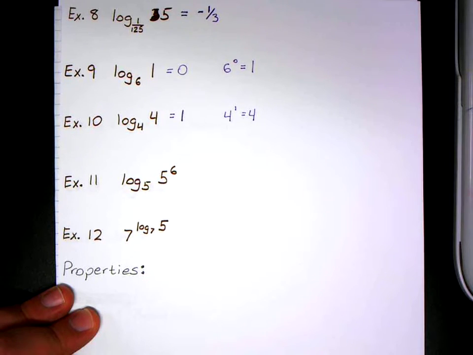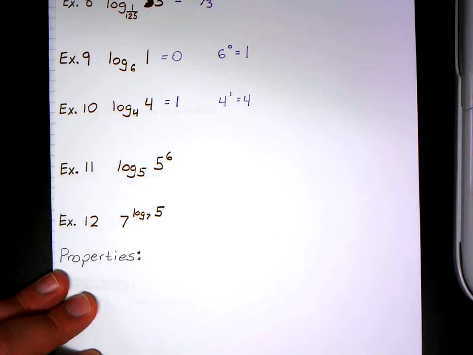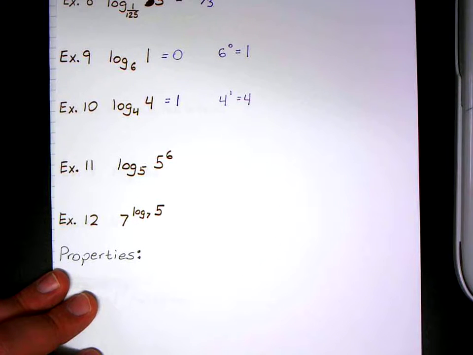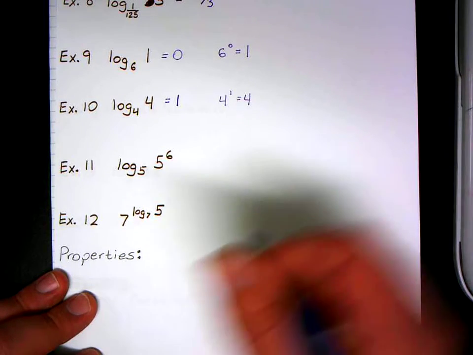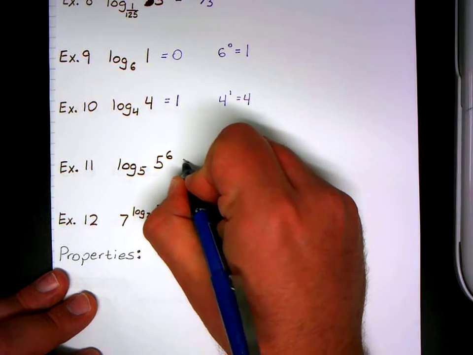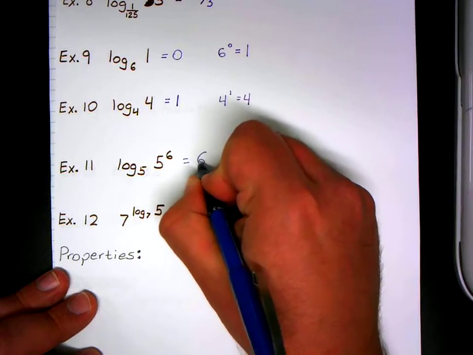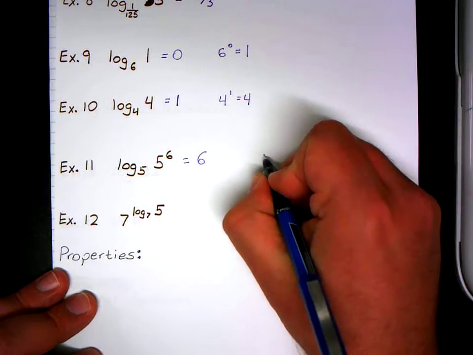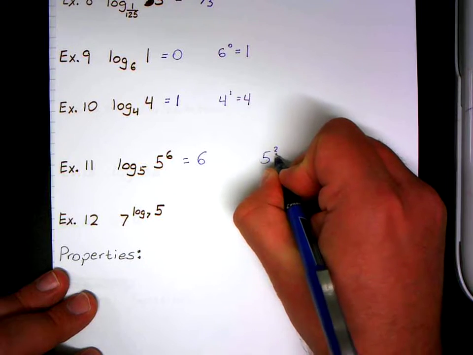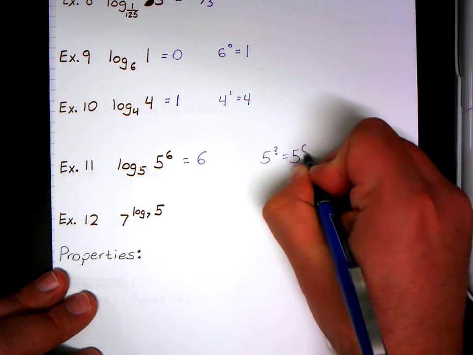Okay, 11 I usually think is kind of silly, but it's an actual rule and it has a purpose. Wait, 11 is... What's it going to be? What's 11? 6. Because this is saying 5 to what power equals 5 to the 6th power.